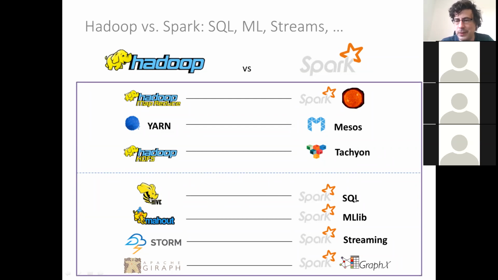Spark also has an SQL type plugin that will interpret your SQL-like query as Spark processes. There are also libraries for Hadoop for machine learning in a distributed setting, for example, Mahout. Spark has its own machine learning library, MLlib.